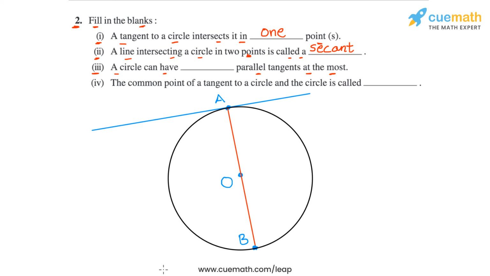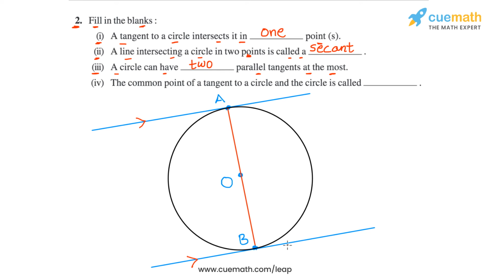Now, if you draw a tangent to the point B like this, okay, let me draw it again to make it parallel to the first one. Then now you can see that the tangents at A and B are parallel. So this means that for any tangent, there can be exactly one more parallel tangent to that tangent. Or in other words, a circle can have 2 parallel tangents at the most. Okay, so that is the answer for part 3.